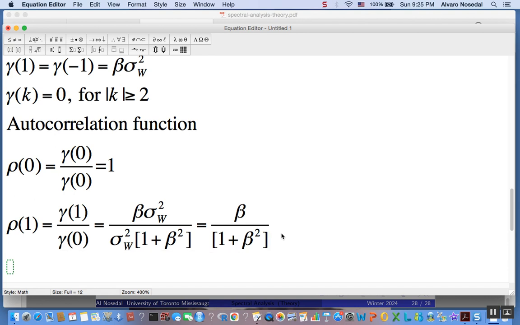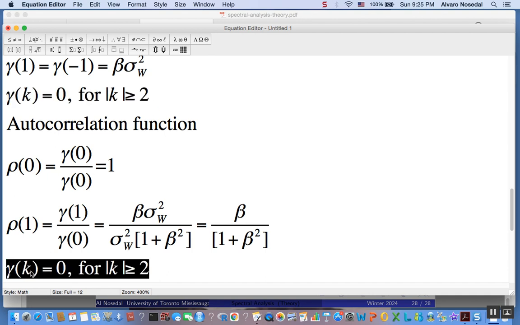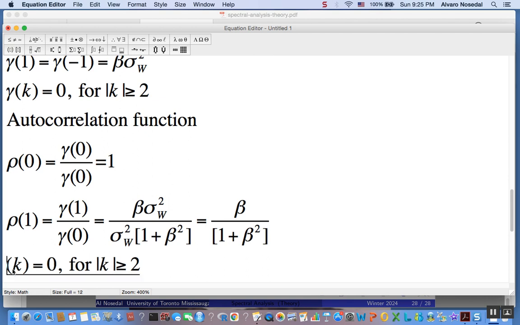So that's rho at 1, and since this is 0, then rho at lag k, when the absolute value of k is greater or equal to 2, is just going to be 0 as well.